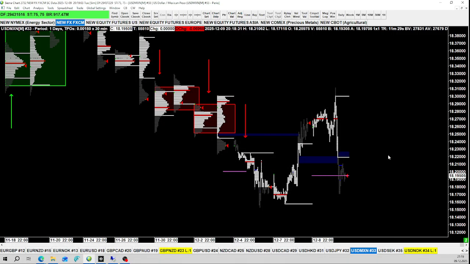So what you can see here is a Sierra chart. Those are the daily market profile TPOs, and those boxes are what I call blocks.